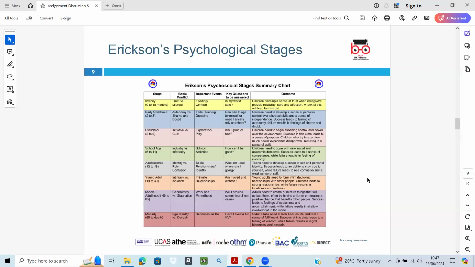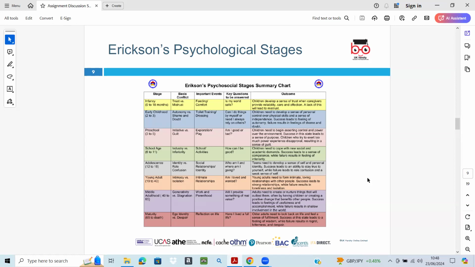Then we have generativity versus stagnation. Okay, it is from age 40 to 65. In that stage, middle-aged individuals focus on making a positive impact on future generations through their work, family, and community involvement. It also contributes to society, and nurturing others leads to a fulfilling life.